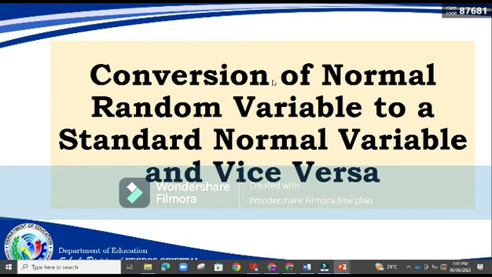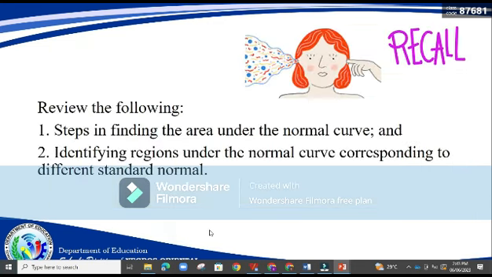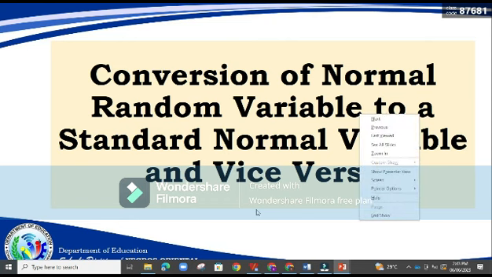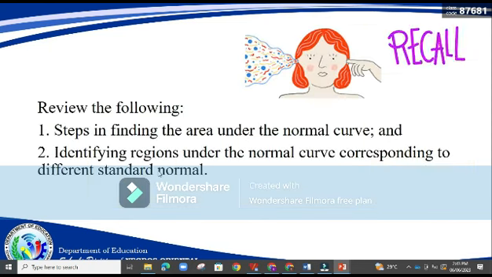Now, conversion of normal random variable to a standard normal variable and vice versa. Let's have a review first. Steps in finding the area under the normal curve and identifying regions under the normal curve corresponding to different standard normal or z-score.